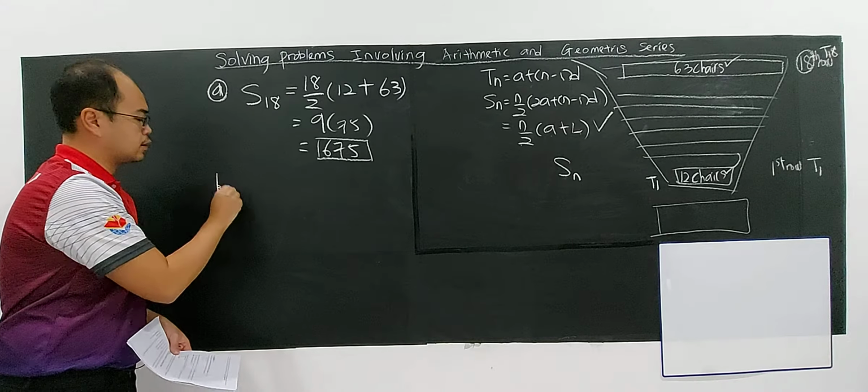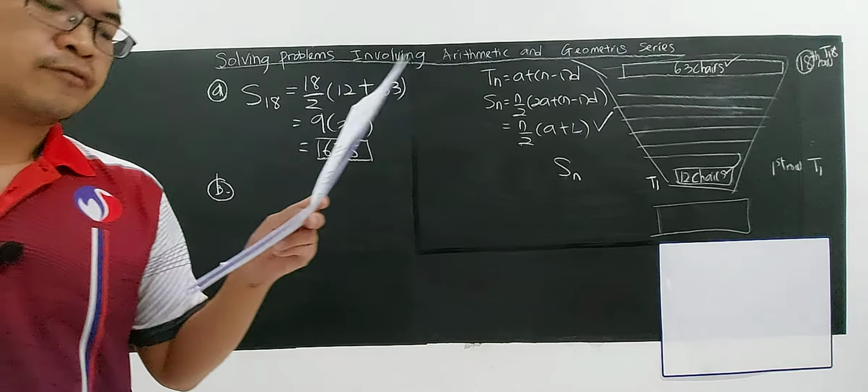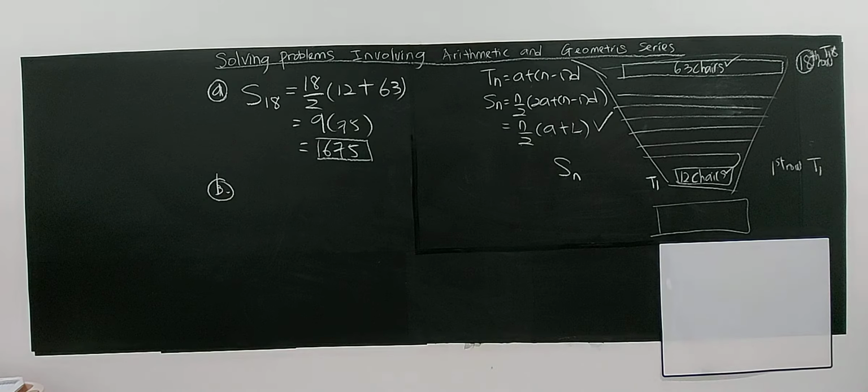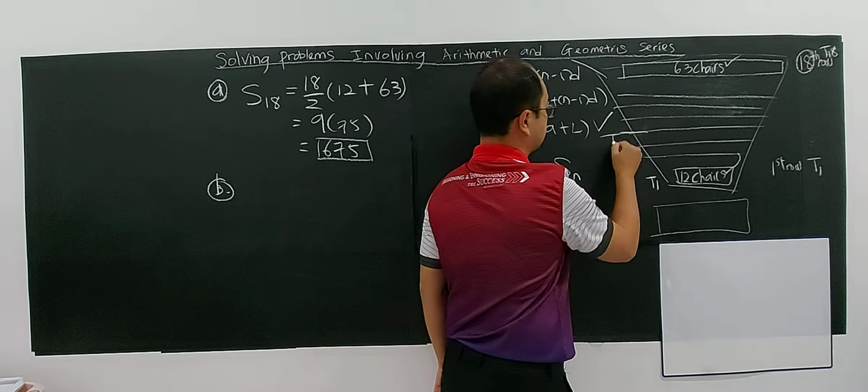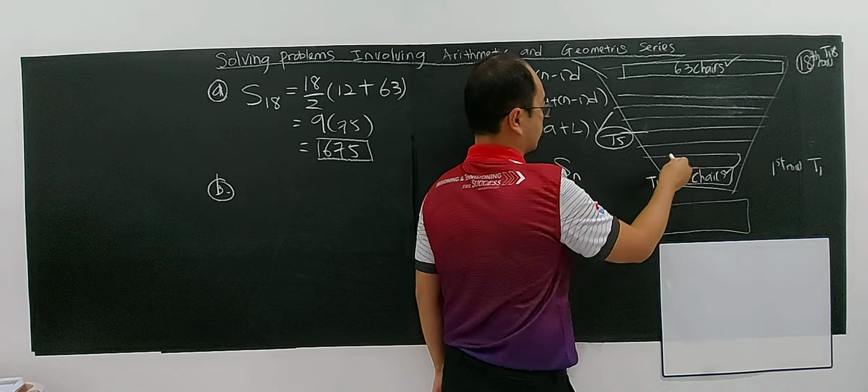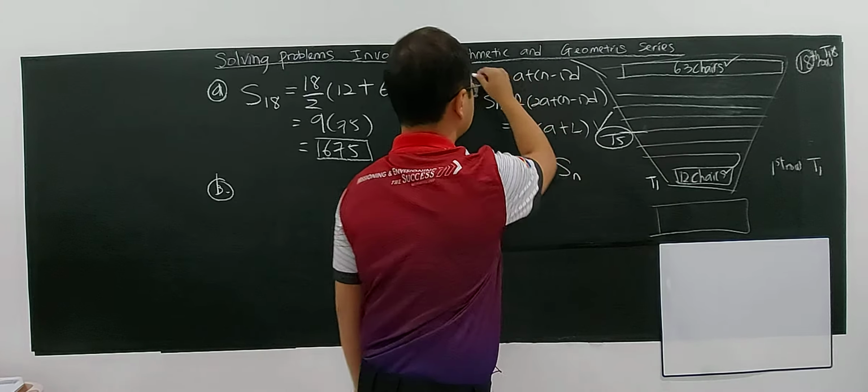For B, the question is asking you to find the number of chairs in the fifth row. This one is very specific. They want to know how many chairs the fifth row has. So of course you will apply this formula.